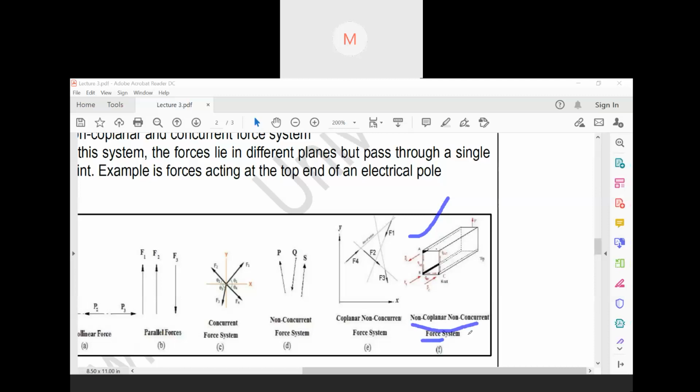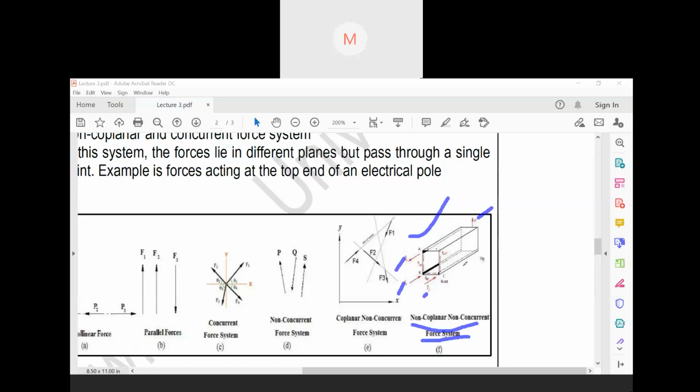Okay, so let us go to the non-coplanar non-concurrent force system. So in this force system, what is there? Look, non-coplanar, that means what? This one is one force. If you see the red colors, this one is one force, this one is one force, this one is one force, and this one is one force.